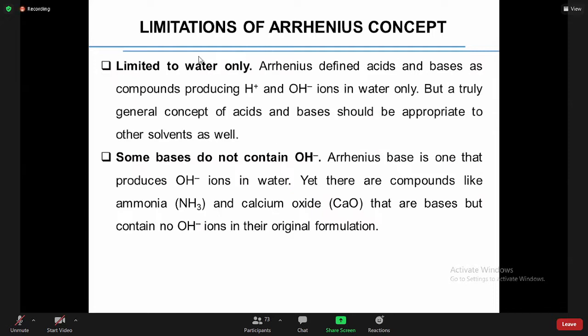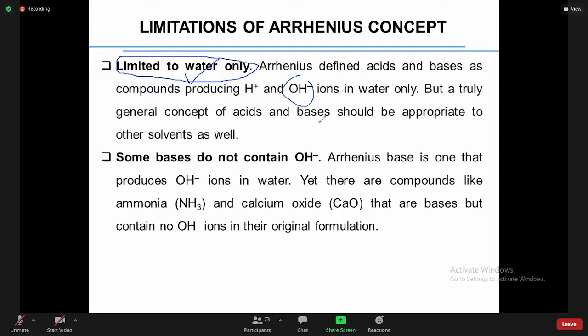The second limitation: another condition was that the donation of the hydrogen ion or hydroxide ion should be in water. That is actually a kind of limitation, because it is limiting the area.